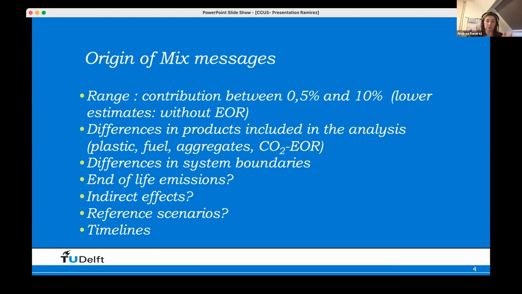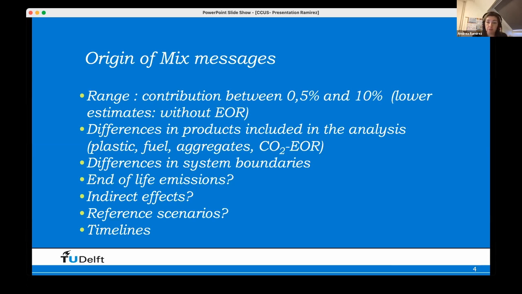Within their own boundaries, they have very valid points, but when you put them together and ask, does it make sense? You will see a big range on what CCU can contribute to the climate targets, sometimes between 0.5 to 10%, and this depends on whether or not you are including things like enhanced oil recovery.